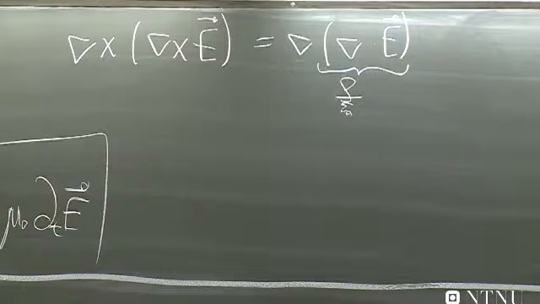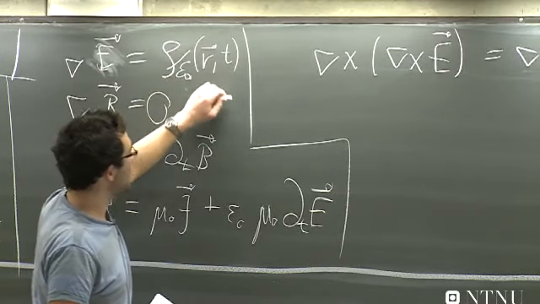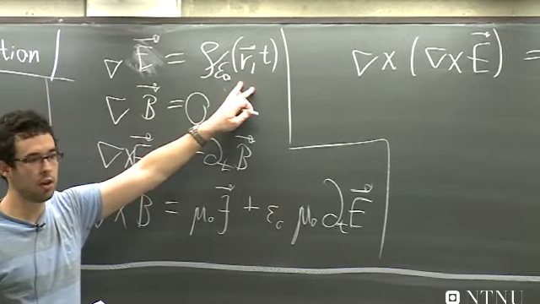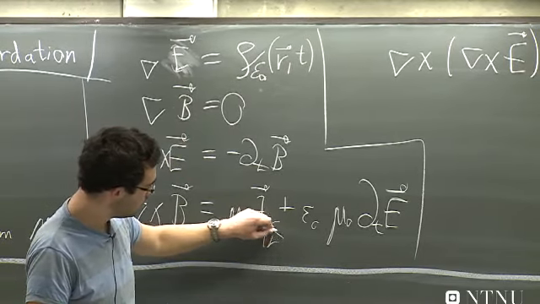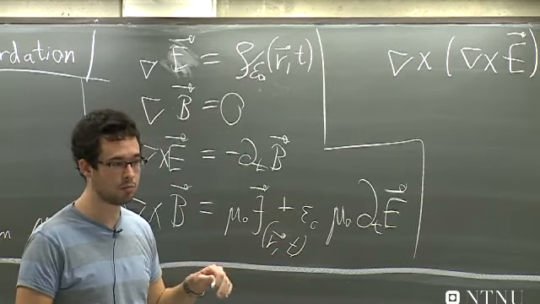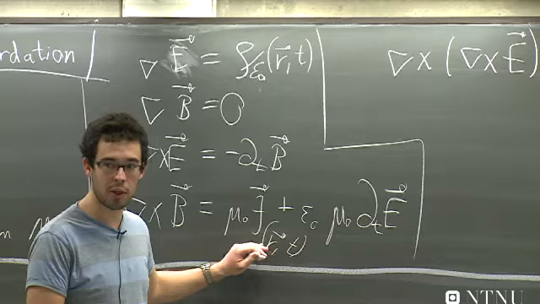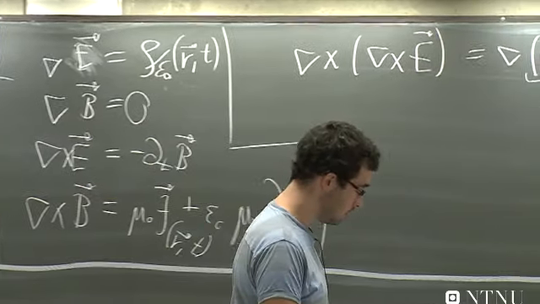And just to stress the point, we're interested in the general case where we have both space and time dependence of the sources. So the current as well is dependent on space and time. But I'll drop that because it saves me a lot of writing. Just remember that we're in the general case now where everything is time and space dependent.